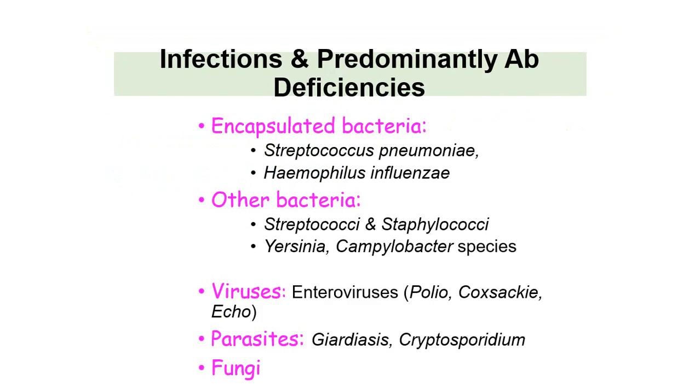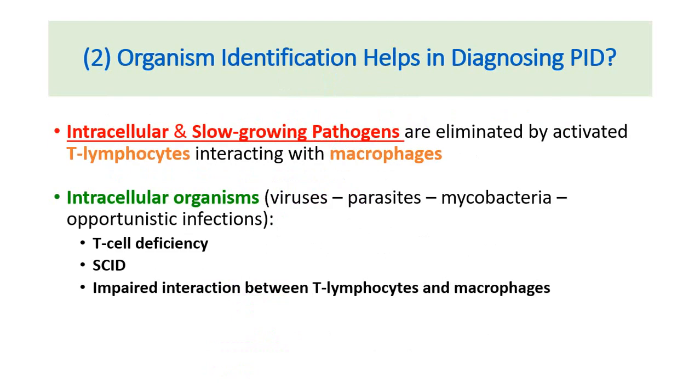These are the predominant infections in antibody deficiencies I have just mentioned. Whereas if the infections are mainly with intracellular slow-growing pathogens, I should suspect T lymphocytes or macrophages.